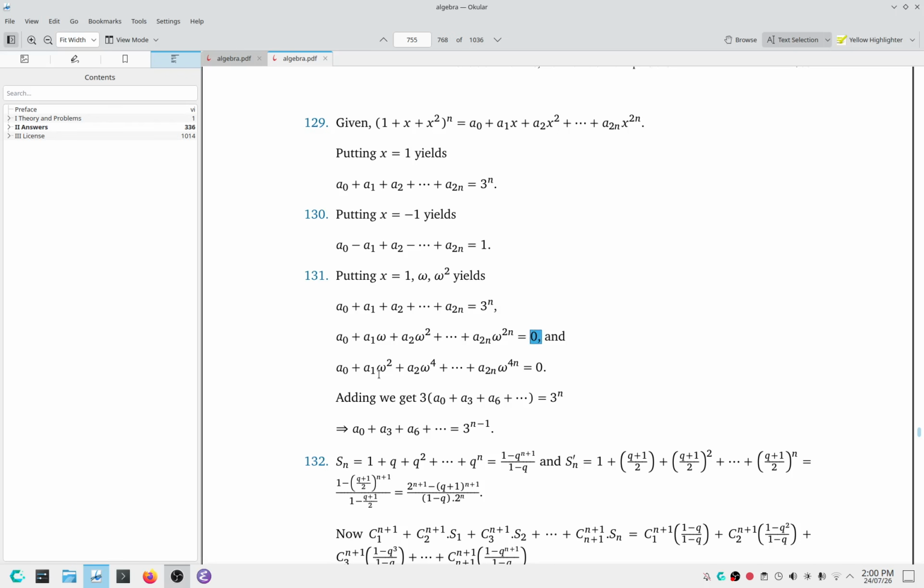And the sum would be 0. And then we have a0 + a1 omega square + a2 omega^4, which is actually omega, + a3 omega^6, which will become a3, and so on. And adding, we get 3 times (a0 + a3 + a6 and so on) is equal to 3^n. And that's why a0 + a3 + a6 and so on will be equal to 3^(n-1).